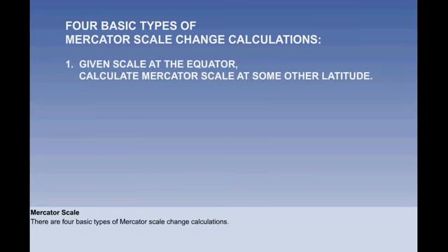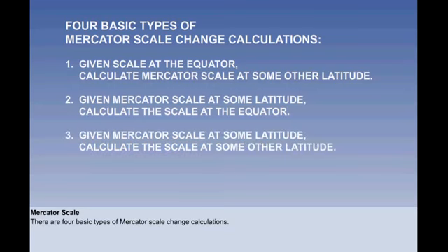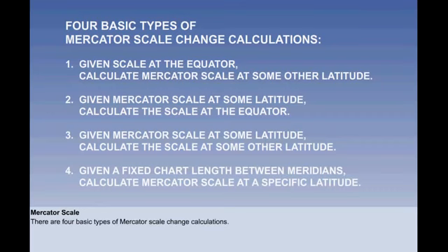Given Mercator scale at some other latitude, calculate the scale at the equator. Given Mercator scale at some latitude, calculate the scale at some other latitude. And given a fixed chart length between meridians, calculate Mercator scale at a specific latitude.